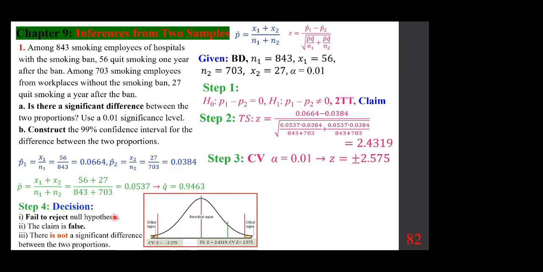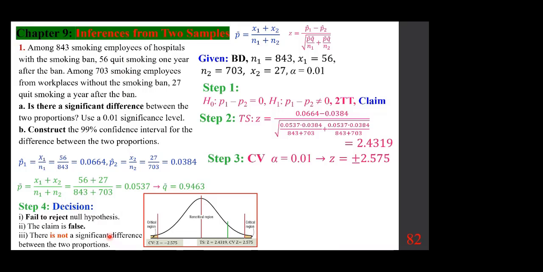Fail to reject the null hypothesis. Then the rest comes with explanation of what we know. So going back, fail to reject the null hypothesis. If you're not rejecting the null hypothesis, you are rejecting H1. So you're rejecting the claim, the claim becomes false, and you do the writing. There is not a significant difference between the two proportions.